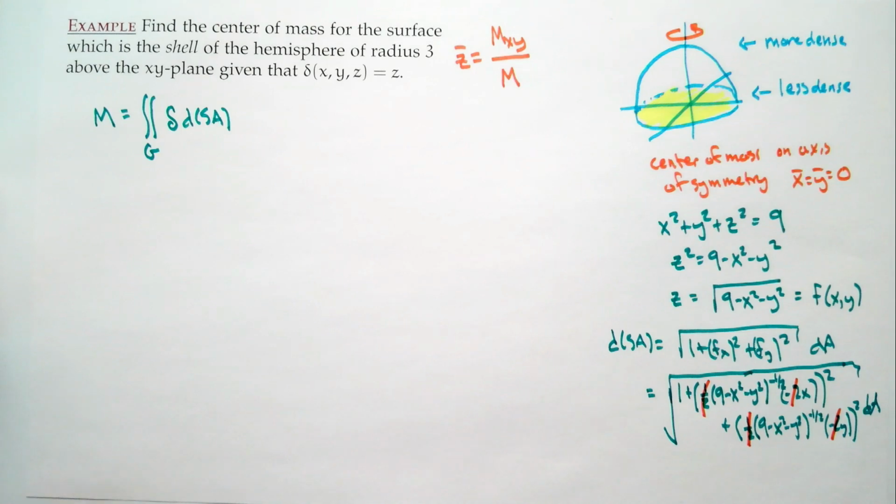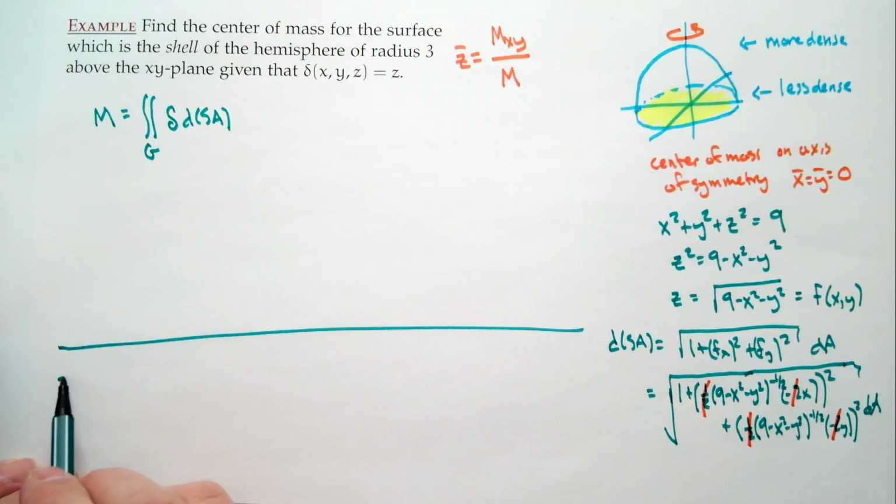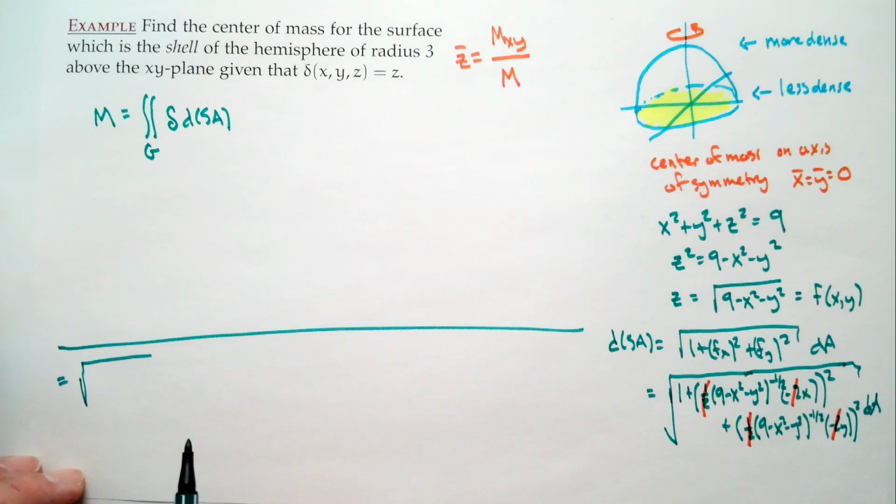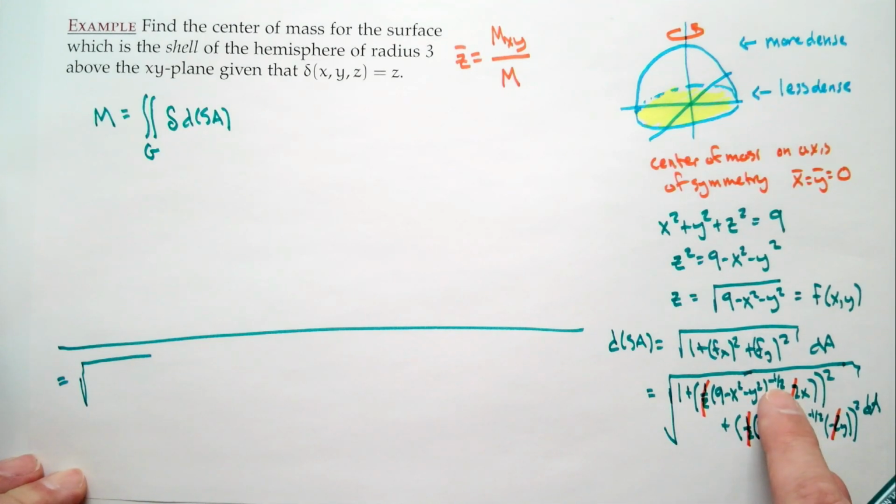So, apparently, I'm going to go on faith that we're going to have plenty of space here. So, if you write this out, the 1 stays as 1. But, notice that what will the next term be? You're going to get an x squared over 9 minus x squared minus y squared, because that minus 1/2 puts it downstairs, and the minus 1/2 and the 2 make it to minus 1.